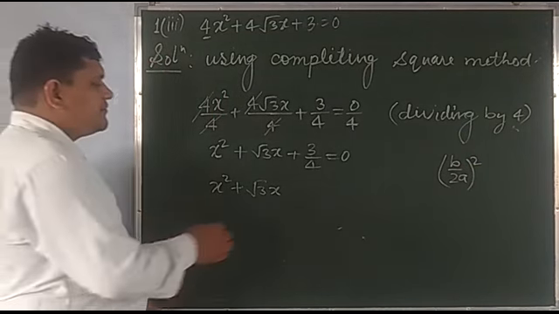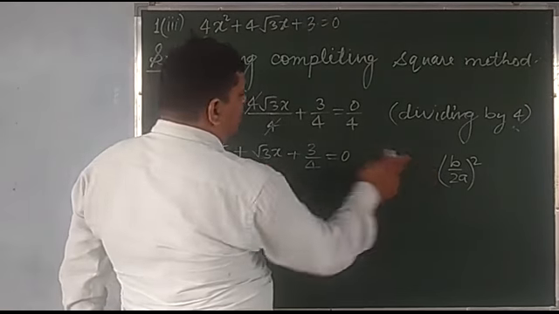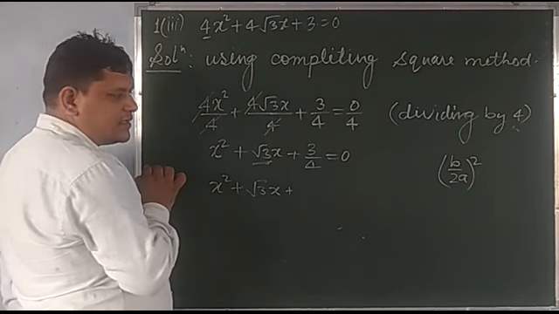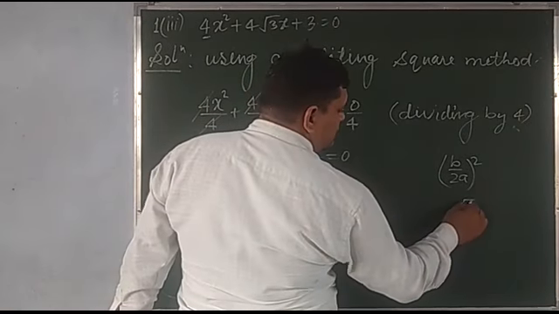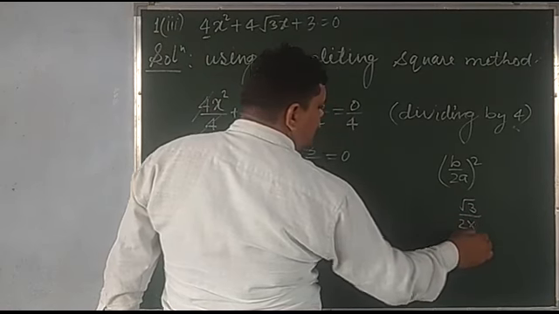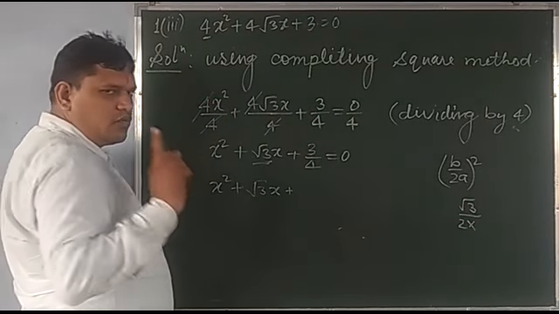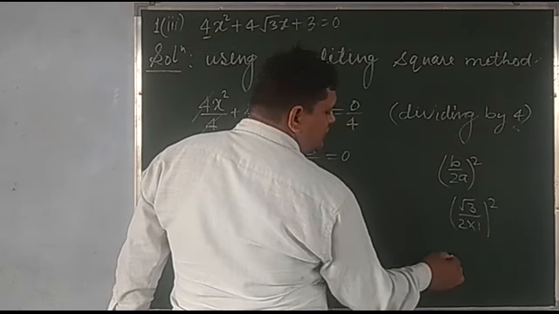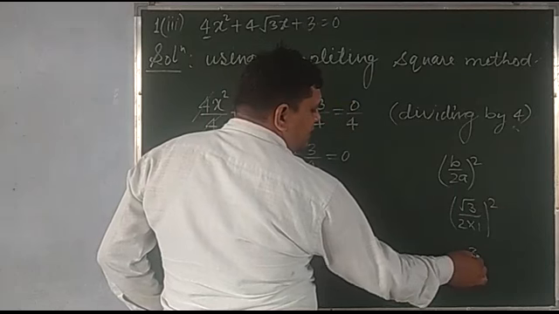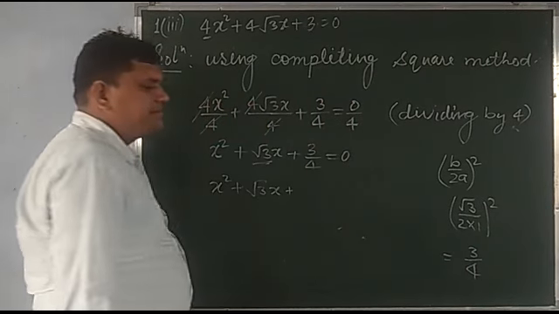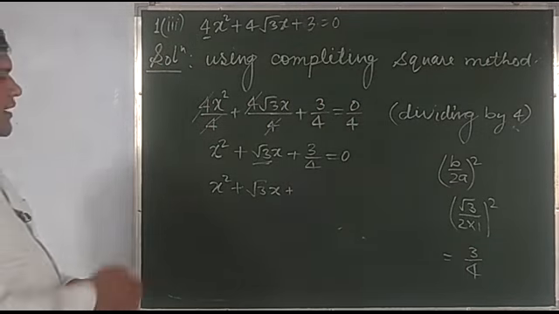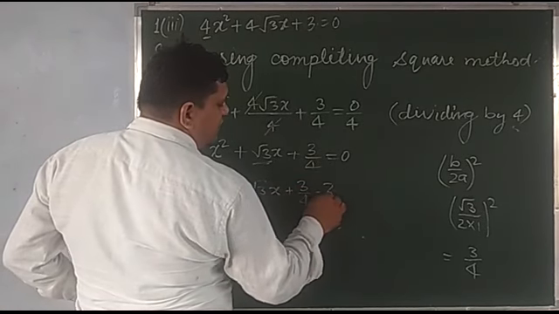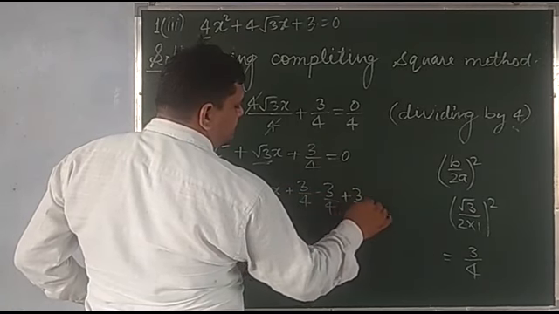So here the value of b is under root 3 upon 2 into a, which is 1, whole square. So this value will be 3 upon 4. Clear? It means you can add 3 upon 4 and subtract 3 upon 4.